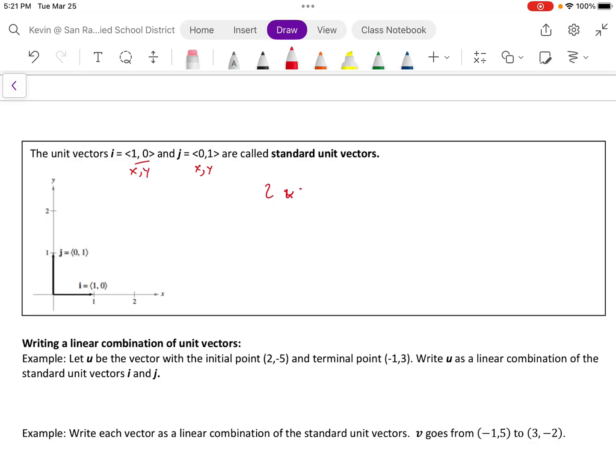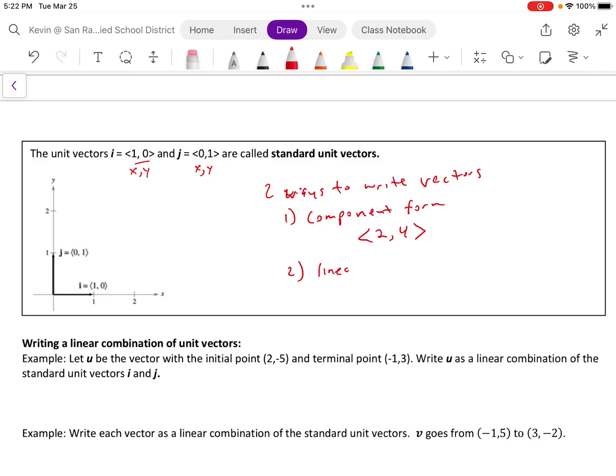And there's two ways to write vectors. There's our component form, which is like 2, 4 with our little brackets, our little greater than, less than looking brackets.